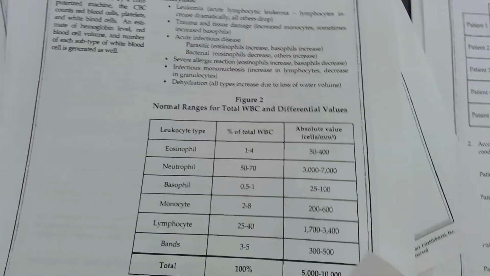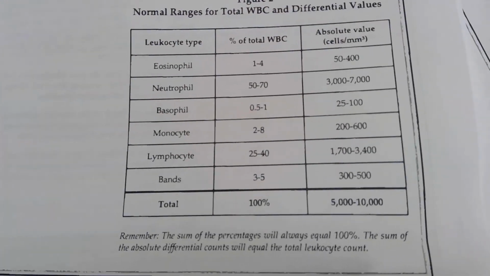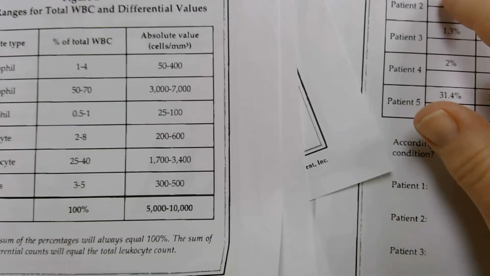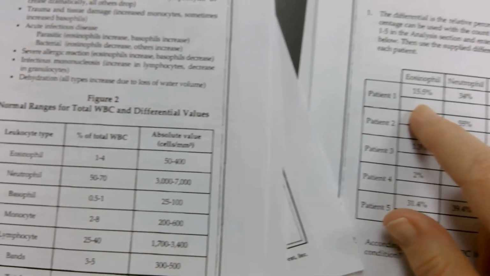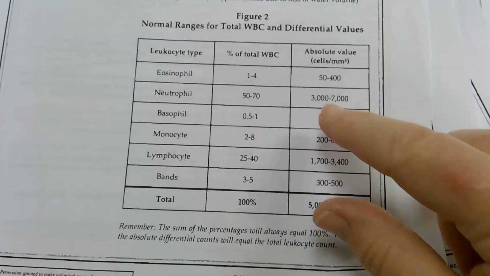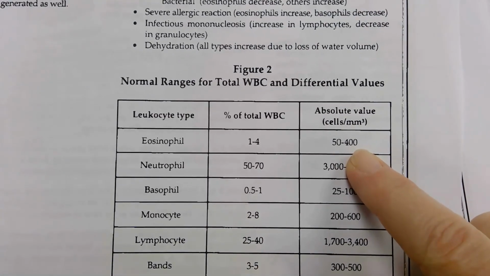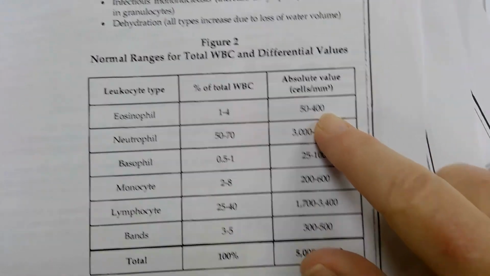And this is where you go through for each patient. We go back to that chart we had of the normal counts. So right here is your chart of normal counts. And you compare. So patient 1 has 310 eosinophils. So eosinophils should be 50 to 400. So that is within the normal range.